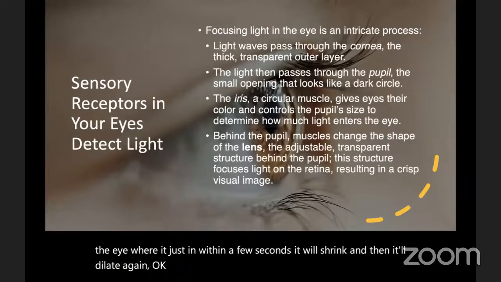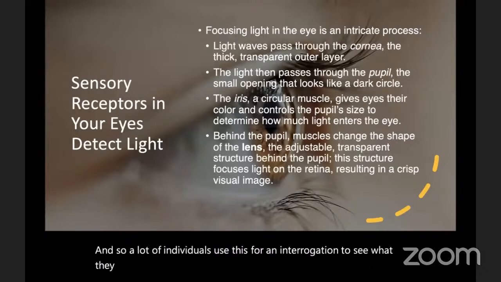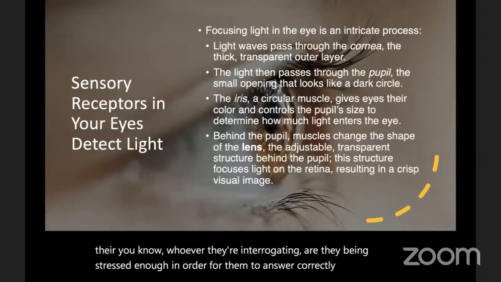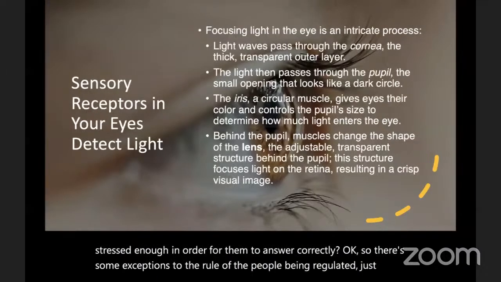Okay. And so a lot of individuals use this for an interrogation to see whether whoever they're interrogating is being stressed enough in order for them to answer correctly? Okay, so there are some exceptions to the rule of the pupil being regulated just by how much light there is.